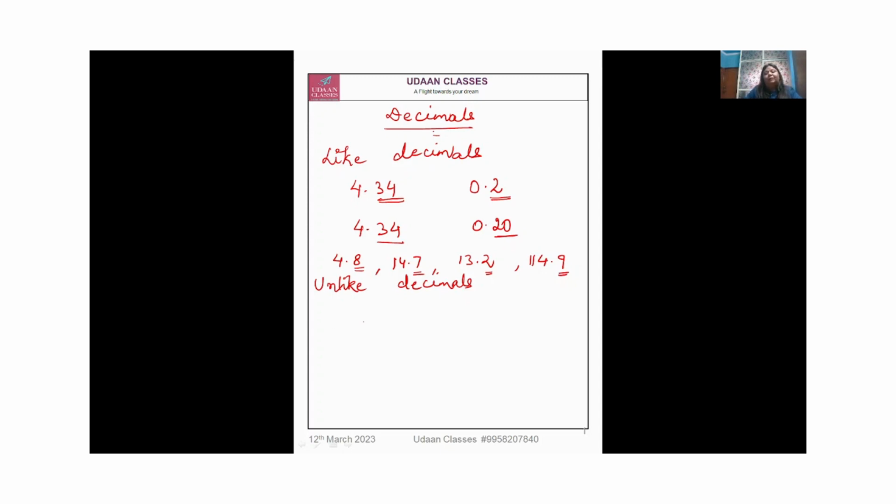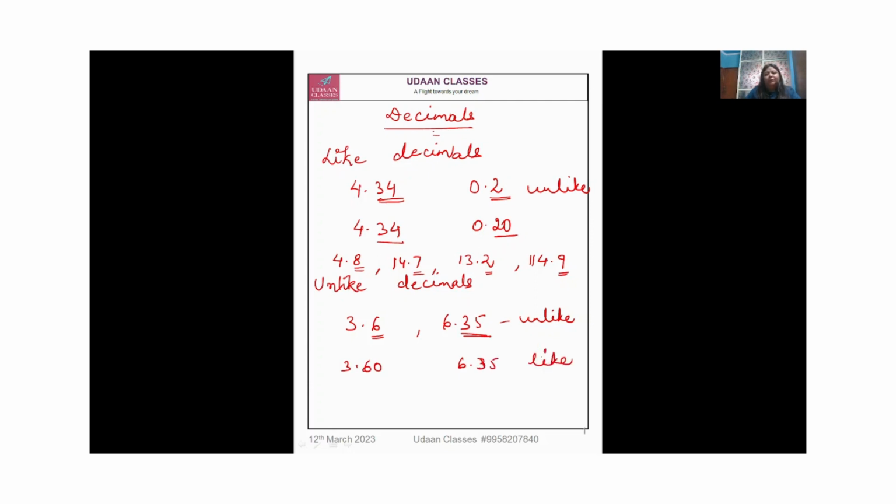Now, if I have the numbers 3.6 and 6.35, they are not like, because I have two digits in one and only one digit after the decimal in the other, so they are unlike. But we can make them like decimals by simply adding zeros. If you put a zero behind 3.6 and write it as 3.60, they now become like decimals.